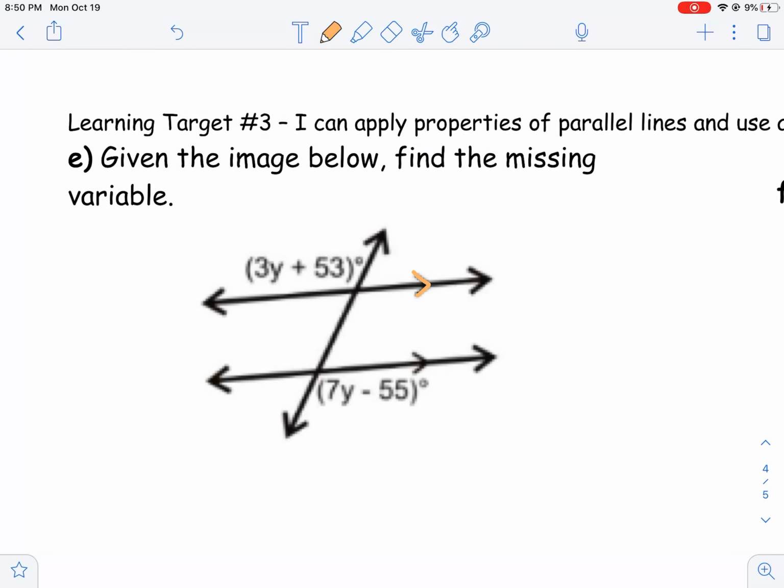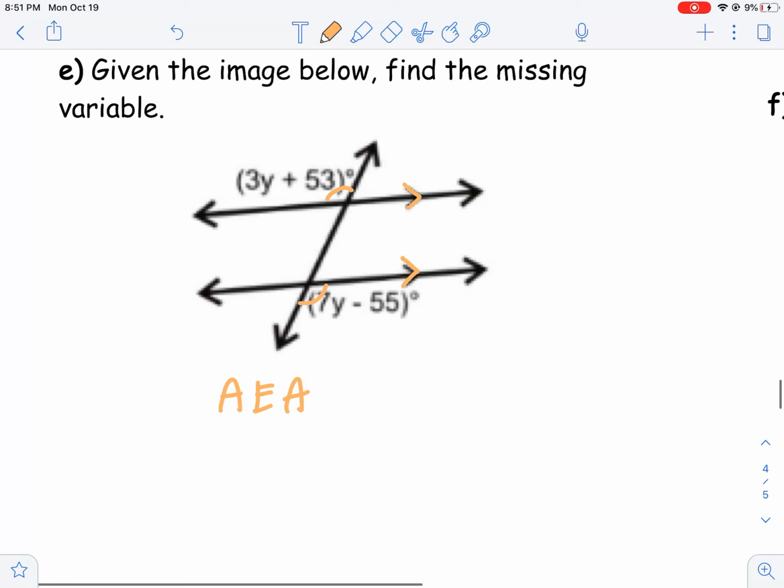Here, knowing that these two lines are parallel, I'm going to look and see, okay, these are happening outside my parallel lines on opposite sides of the transversal. That tells me they're alternate exterior angles, which tells me they're congruent. Okay, so because those two angles are congruent, I know that their measures are going to be equal.